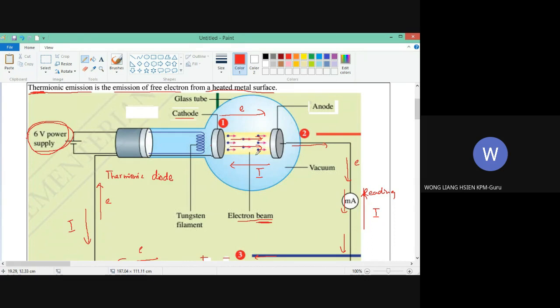So we call this ray that comes from the cathode a cathode ray. This electron beam and this cathode ray are actually the same thing, referring to a stream of electrons. So we call it a cathode ray.